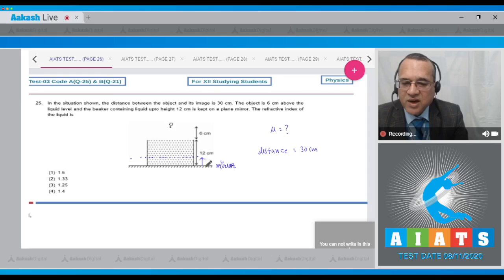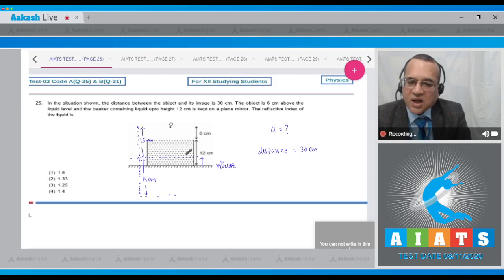That we can calculate. This is given that this distance is 30 centimeter. Therefore, the distance to this point would be exactly the middle, 15 centimeter. And this again will be equal to 15 centimeter. And this becomes the apparent depth.